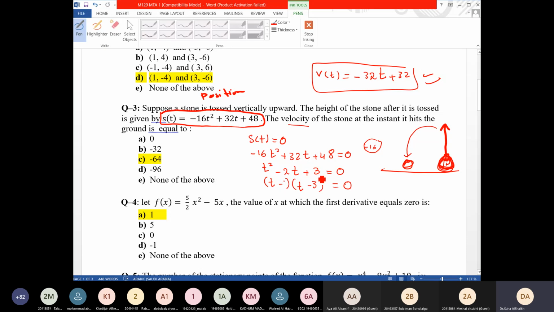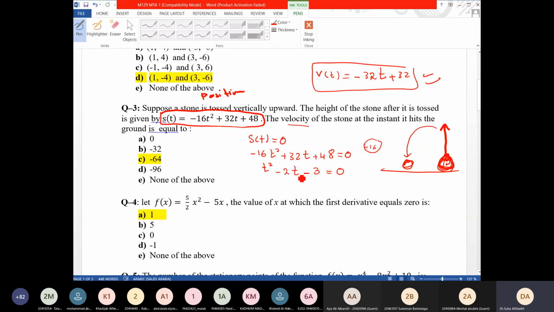This is minus 3, minus 1. No, it shouldn't be like this. This cannot be solved easily. There is a mistake here. This is minus 3. That was my mistake. This is minus 3 here.